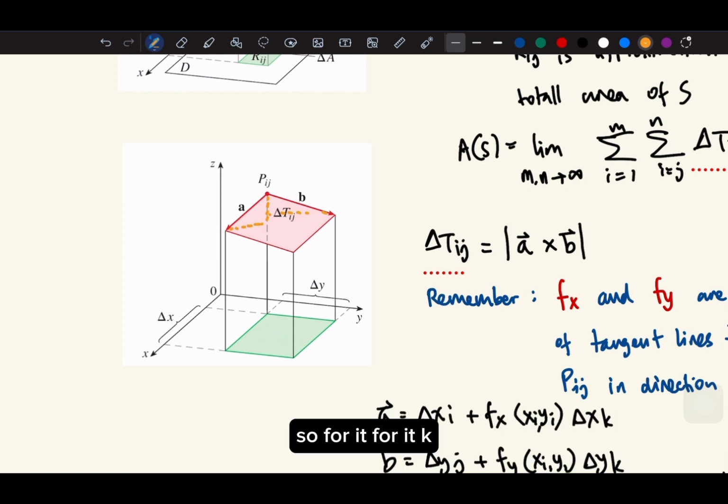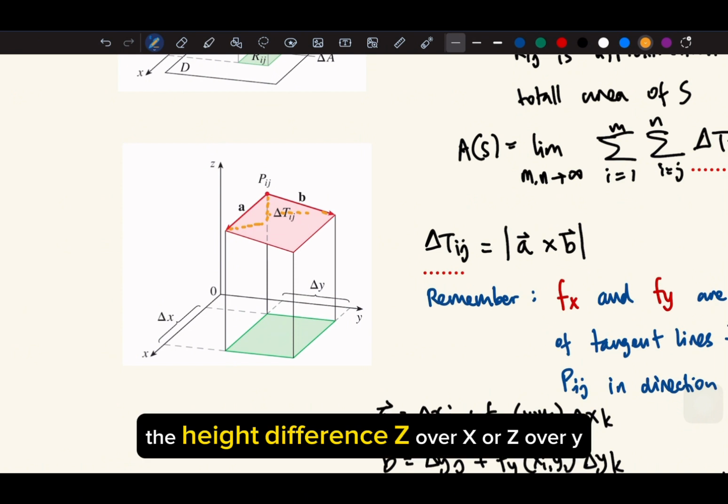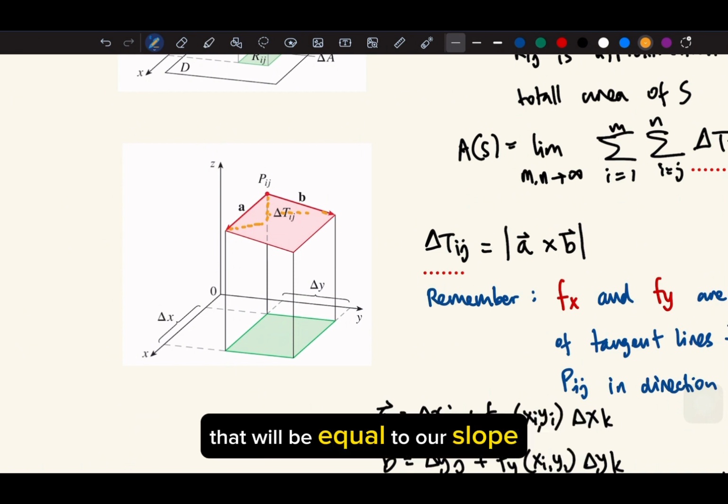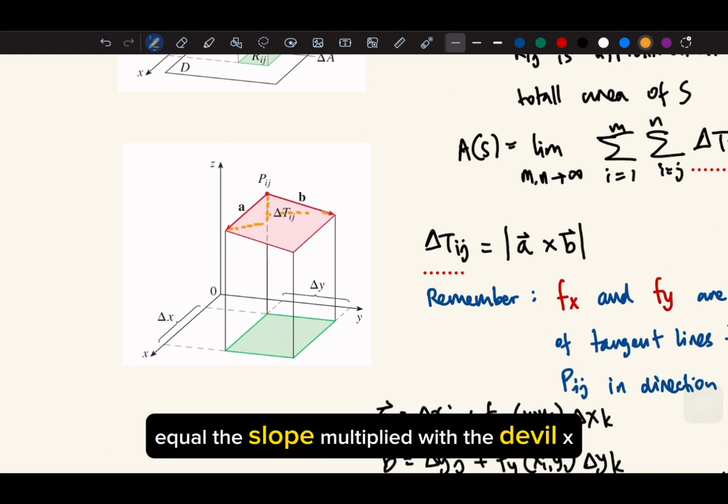For the k axis, which is z, the height difference, z over x or z over y equals our slope. So we could write z equals the slope multiplied by the delta x.